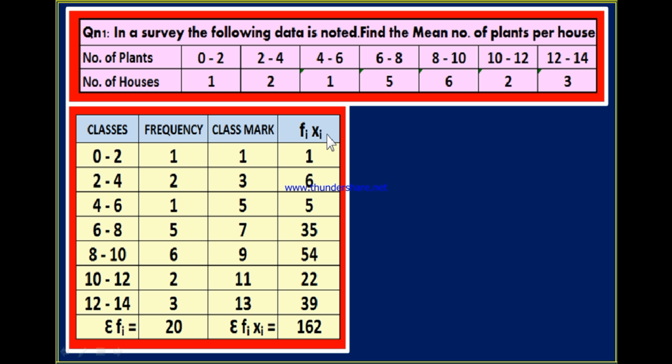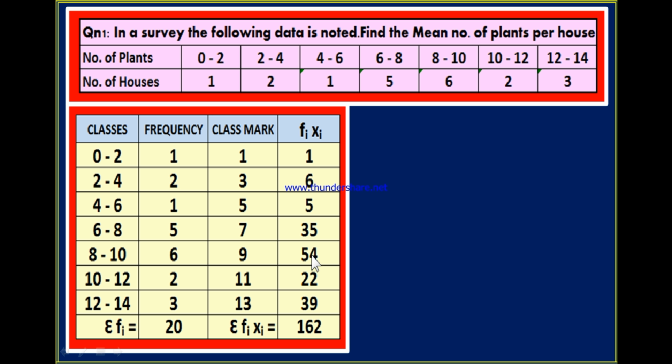Here F1 X1 means first row frequency into first row class mark. This is the value. Similarly, F2 X2 means second row frequency into second row class mark. In the place of i, if we substitute 3, it will become F3 X3, meaning third row frequency into third row class mark.